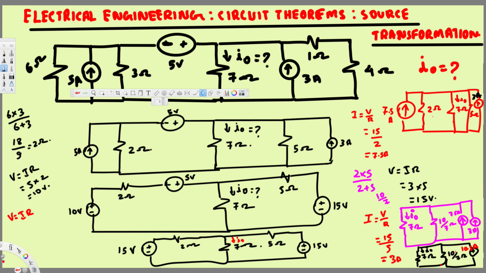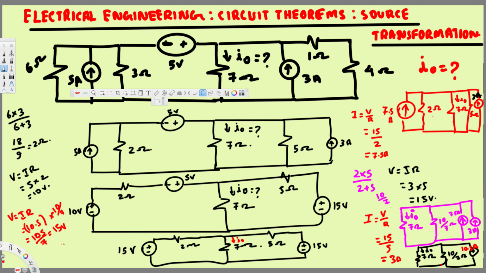Here I is 10.5 times the resistance 10 over 7, and that's going to be 105 over 7. 105 over 7 is basically 15, right? Because 7 times 10 is 70, 7 times 5 is 35, so 70 plus 35 is 105, and that gives 15. So 15 volts is going to be the new voltage source we are going to have.